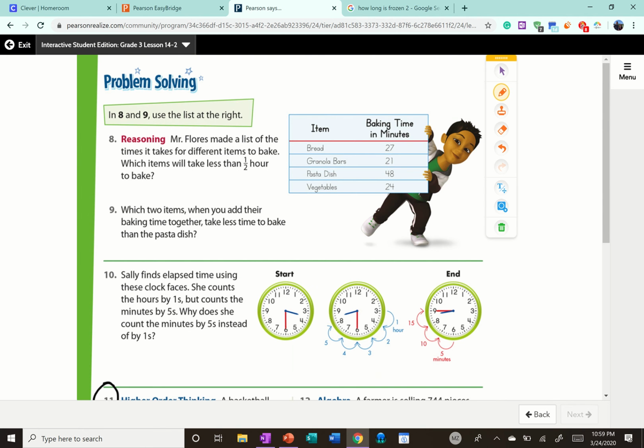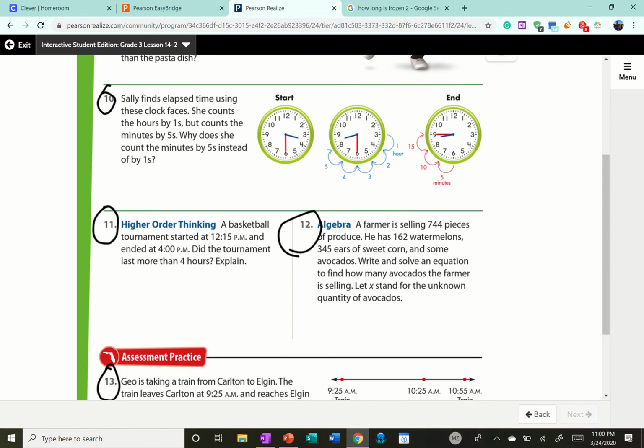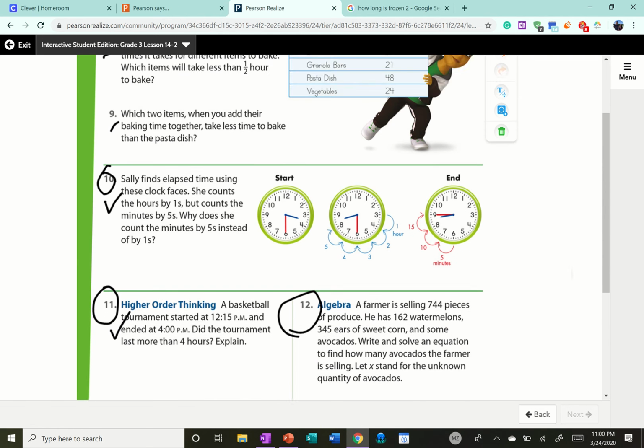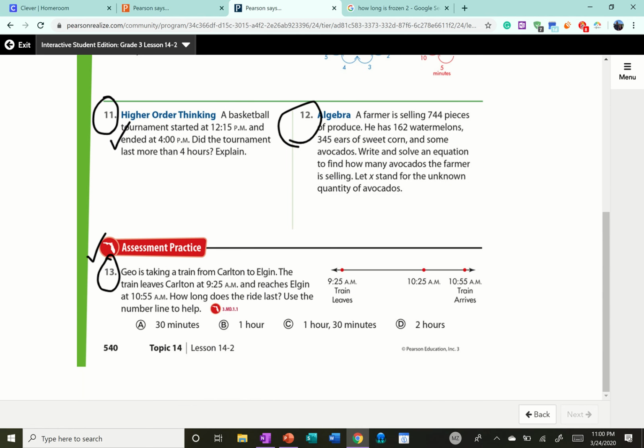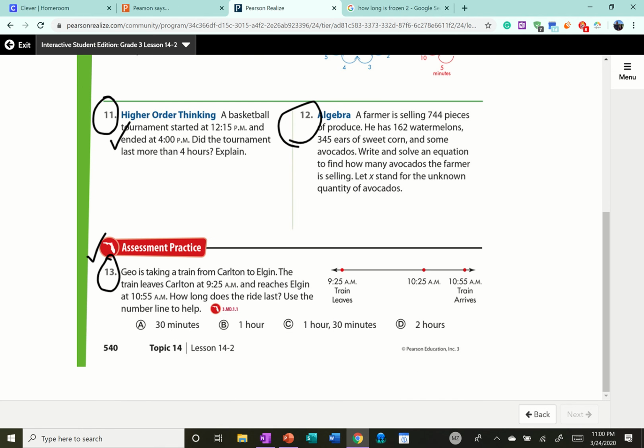And then see if you can figure out number 10. Number 8 and 9, if you can get to them, no big deal. Number 12 is great review if you get to that too. But the big ones are 13, 11, and 10. If you can get those done and then check your answers by going to the library, you'll find this page with the answers in the library, and you can check your answers right after you finish.